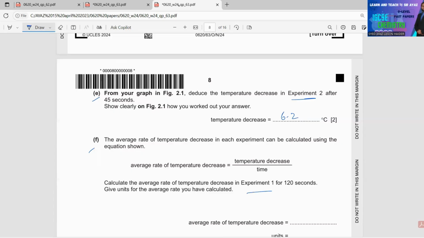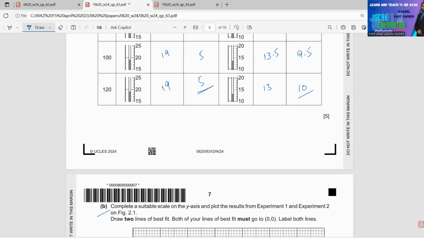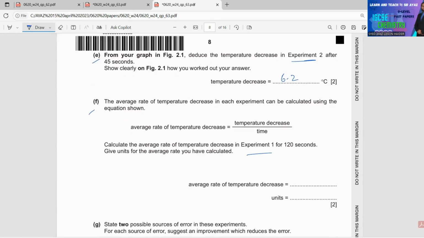Experiment 1, 120 seconds, is 5 degrees temperature decrease. 5 divided by time, which is 120.